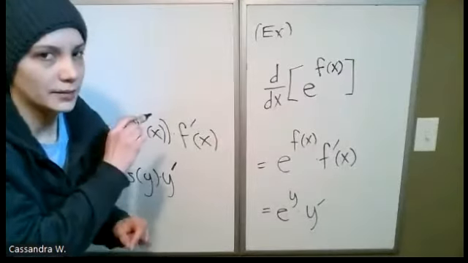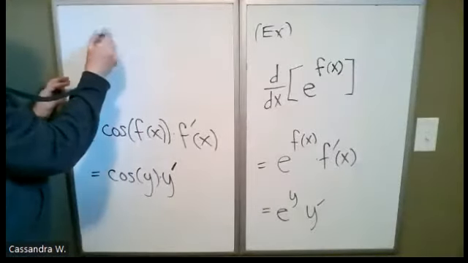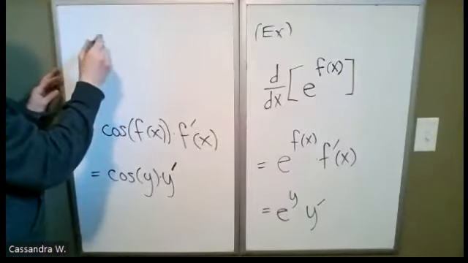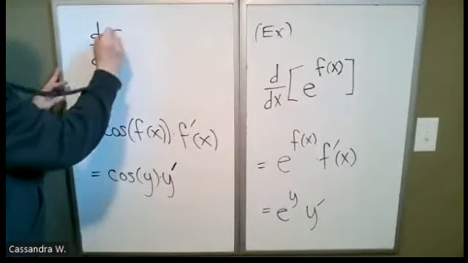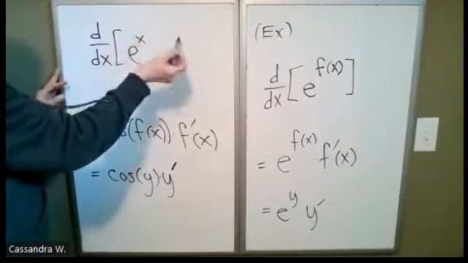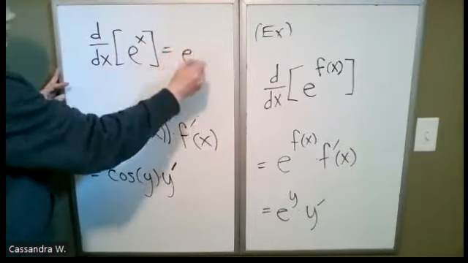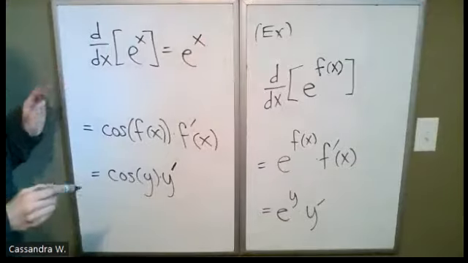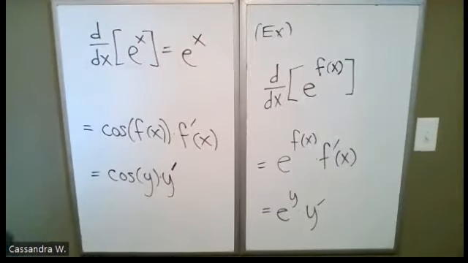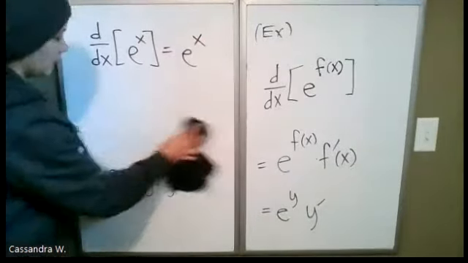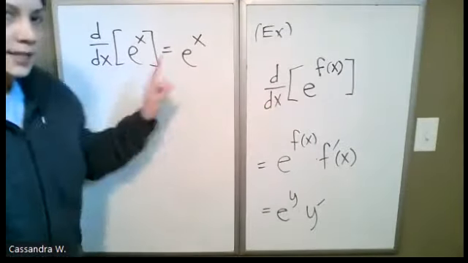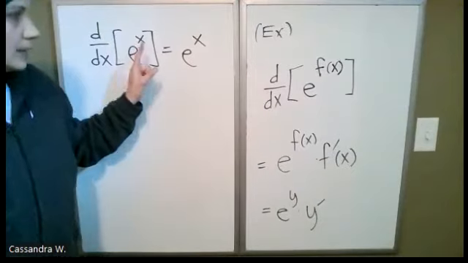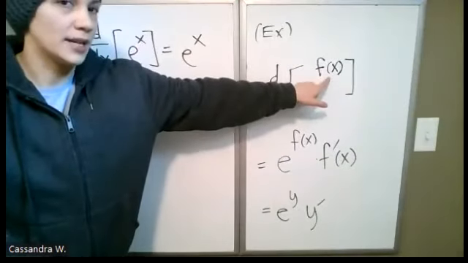I'll write it right over here. When you have the derivative of e to the x, just plain x, you get e to the x. But the difference with this is instead of just x, there's a function of x.